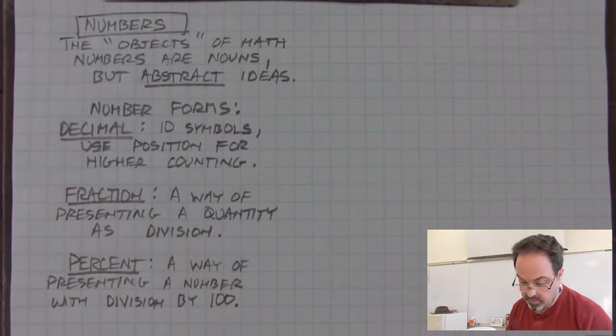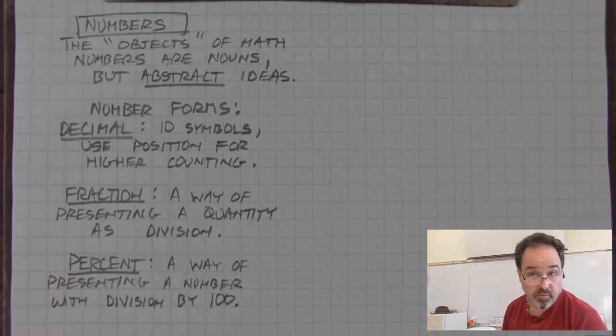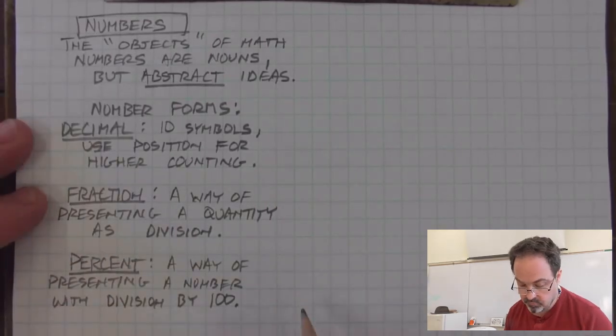And why do we do that? Because it's useful and we're used to it, thinking of things out of 100, divided by 100. And of course, we use this percent symbol.